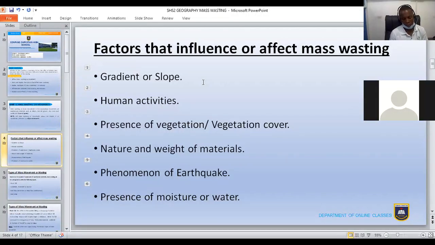Now, take note, we define mass movement as the movement of weathered material downslope under the influence of gravity. So how can the gradient or slope of a particular landscape or area influence or affect mass wasting? Who can try?